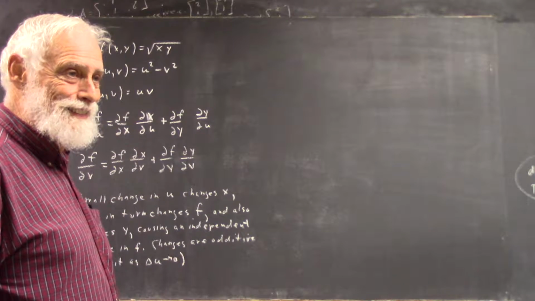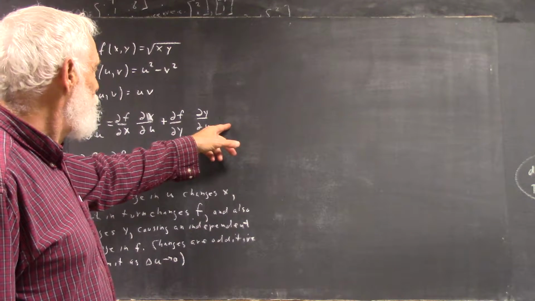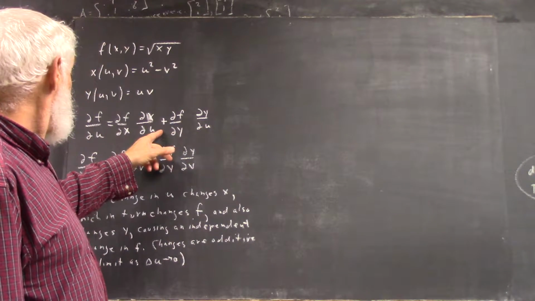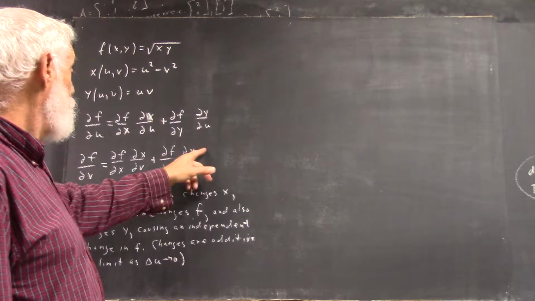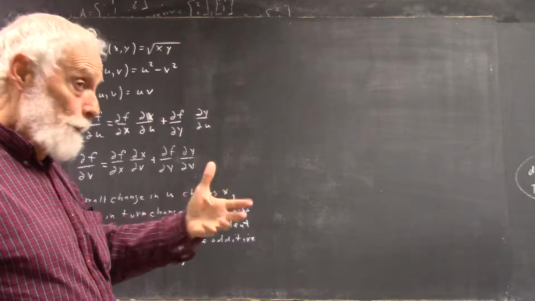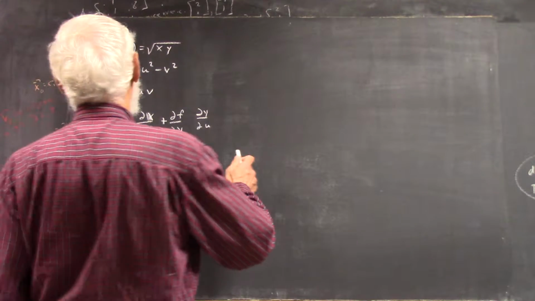So t would change u, which would change, you'd have du dt here and a du dt here, and a dv dt here and a dv dt here. I was thinking about doing that, and then I went off to something else.